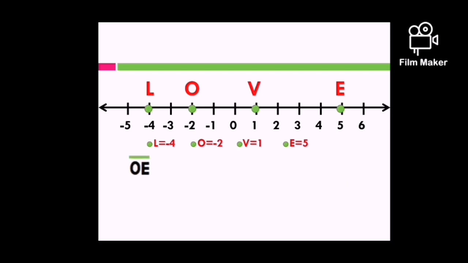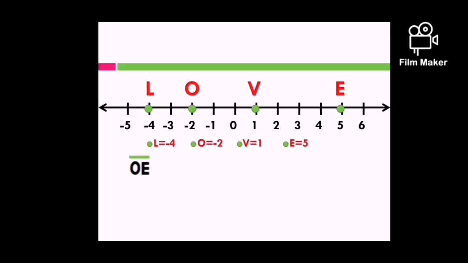So let us find the measure of the line segment OE. The coordinates of point O is -2, and the coordinates of point E is 5.